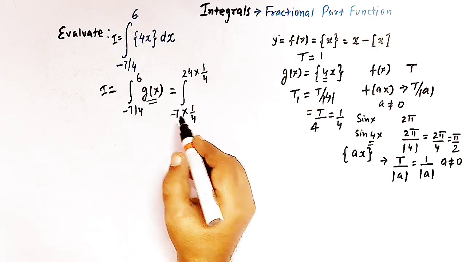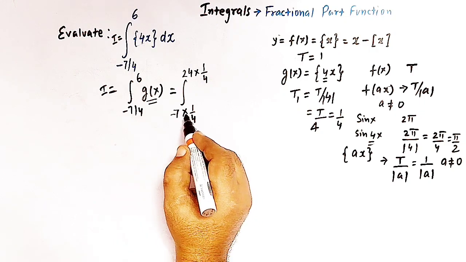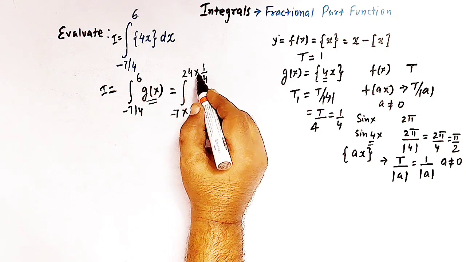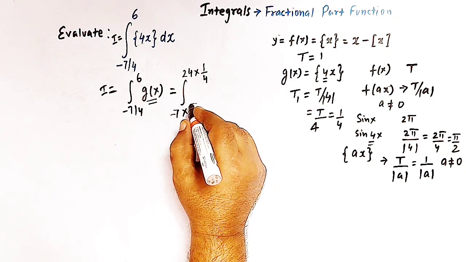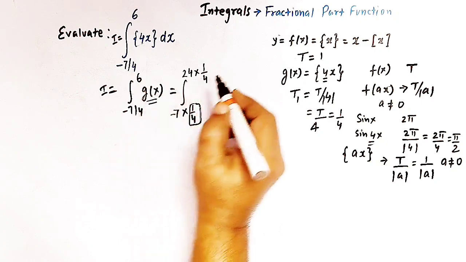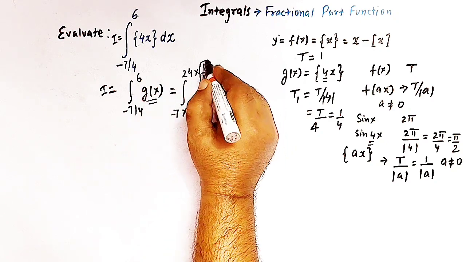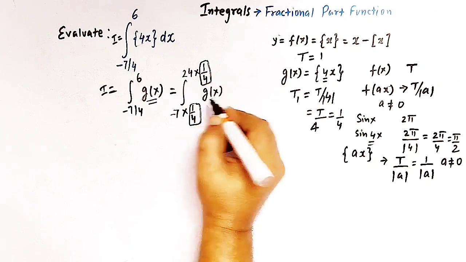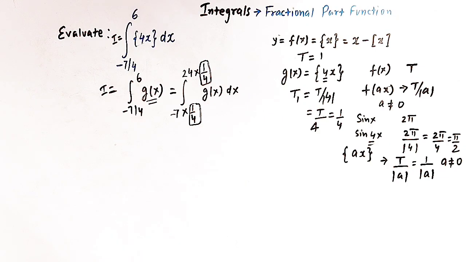Minus 7 by 4 can be written as minus 7 times 1 over 4, and 6 can be written as 24 times 1 over 4, so that here we have the period of this function g of x, right? So now we will utilize an important property of definite integrals involving the periodicity of functions.